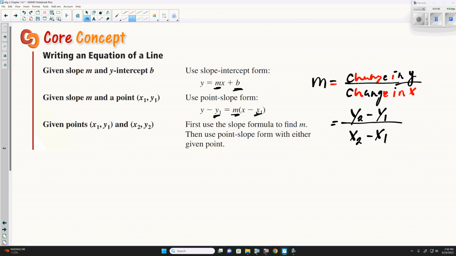Change in y over the change in x. Question on this so far?